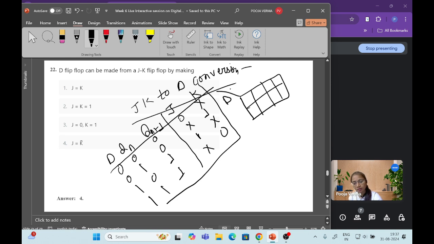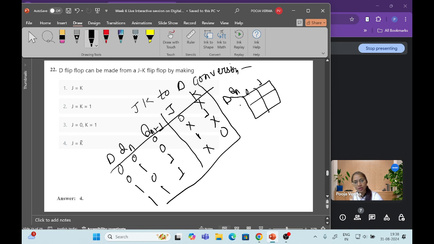It is only D and Q1, because we need to find out what the value of J will be in terms of D and Q1, and what the value of K will be in terms of D and Q1.